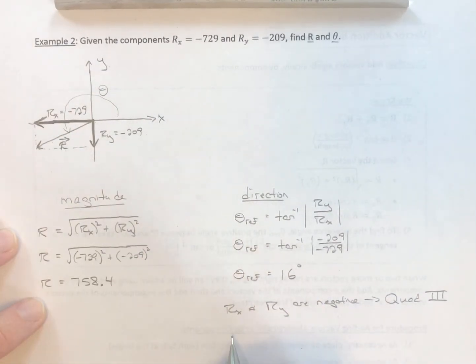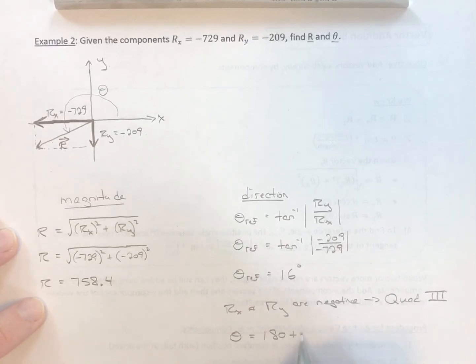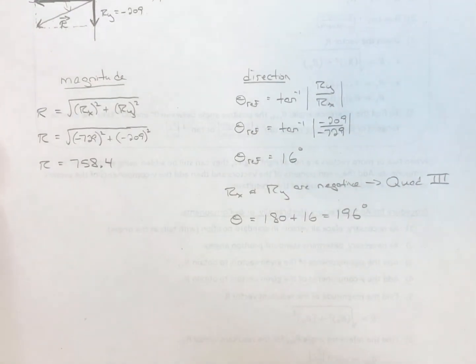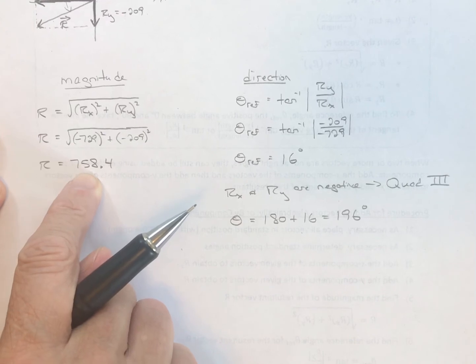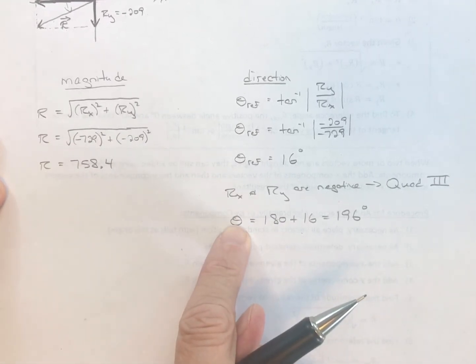So that means that theta, the actual standard position angle, is equal to 180 plus 16, or 196 degrees. Okay, let me come up a little bit here. All right, so we found r and theta. This is r, the magnitude of our resultant vector. This is the standard position angle theta.